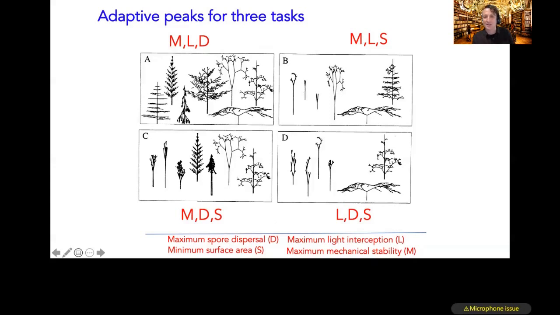On this other side, in terms of panel D, L, D, and S, these are phenotypes that do really well at light interception, maximum spore dispersal, and maximum surface area. So depending on how well we select on these differing components, be it one, two, or three of them together, we get these differing diversities of phenotypes in this simulated fitness landscape.